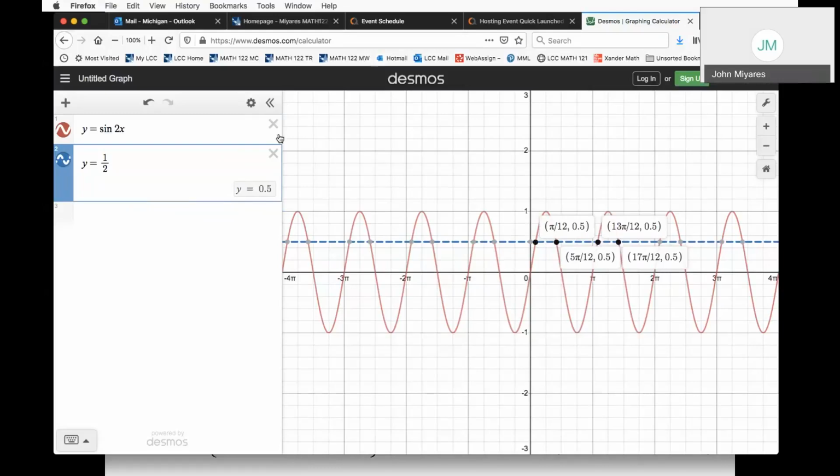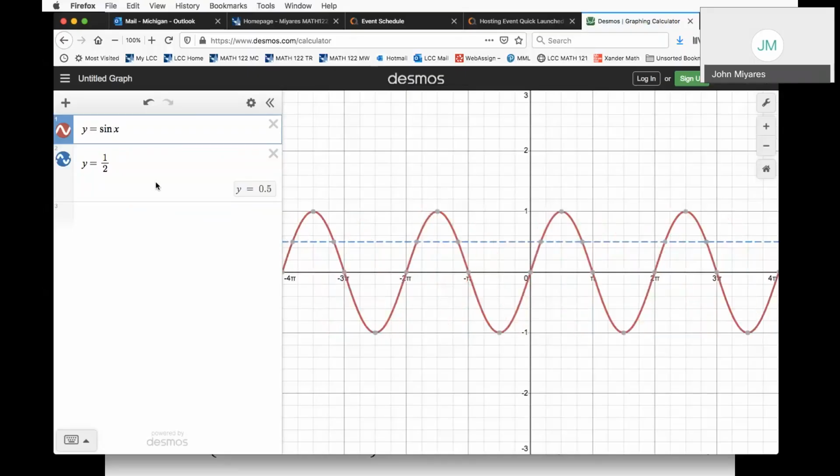So the strategy that we're going to use is to treat this as the sine of 1x, and then go around this circle twice to find the 4 locations between 0 and 4 pi that will equal 1/2.